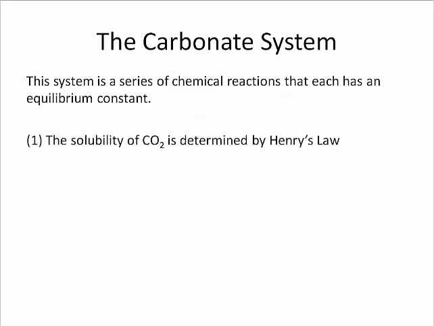We can consider each of the chemical reactions occurring in the carbonate system singularly. For the first step, the solubility of CO2 is determined by Henry's law, which we can write as the percent by volume is equal to the Henry's law constant times the aqueous concentration divided by the total atmospheric pressure.